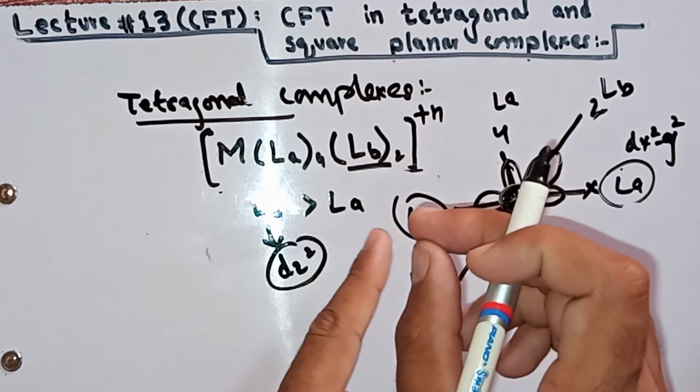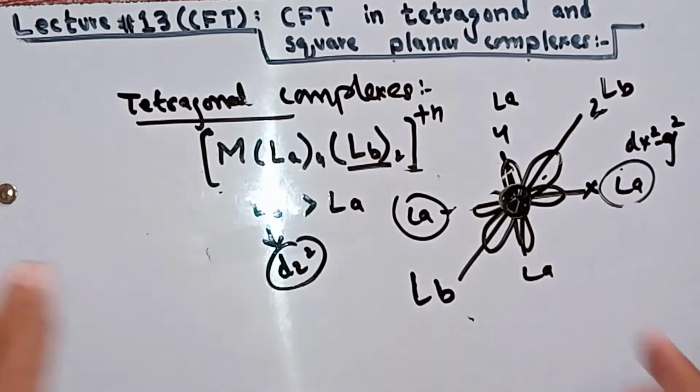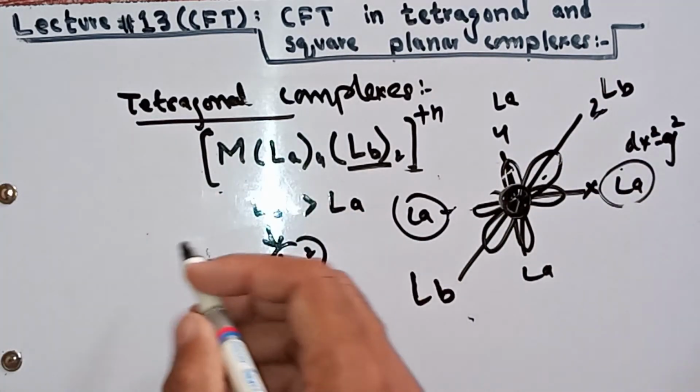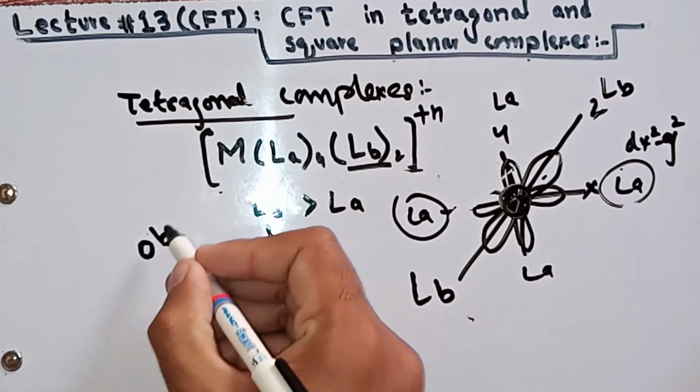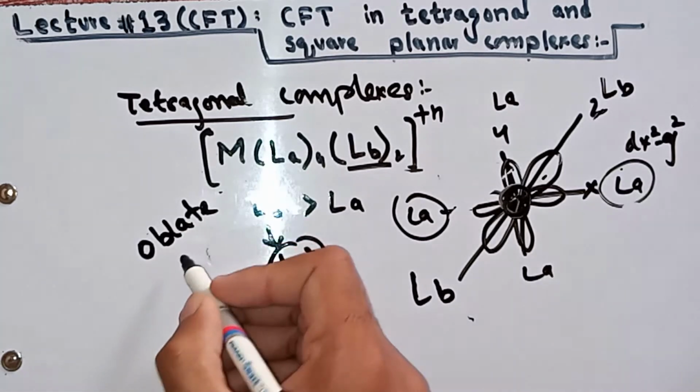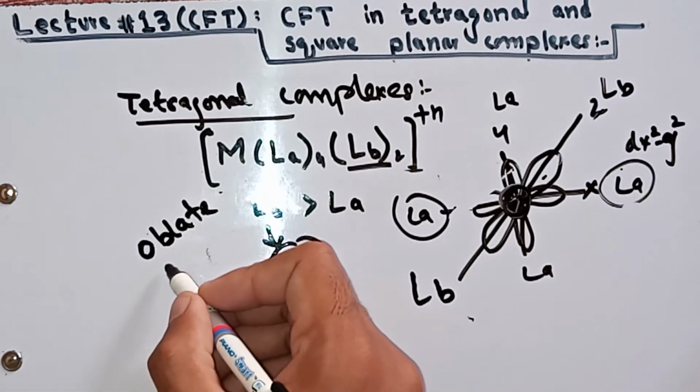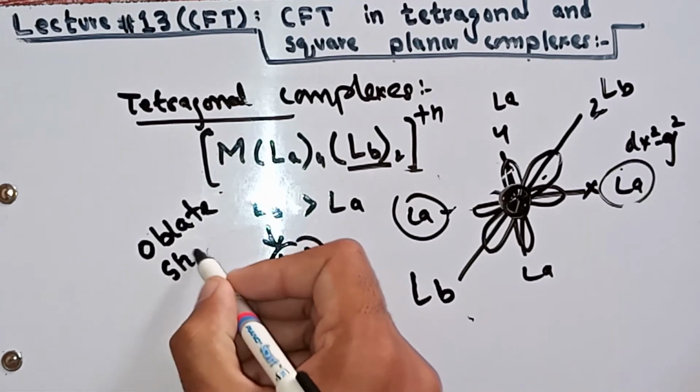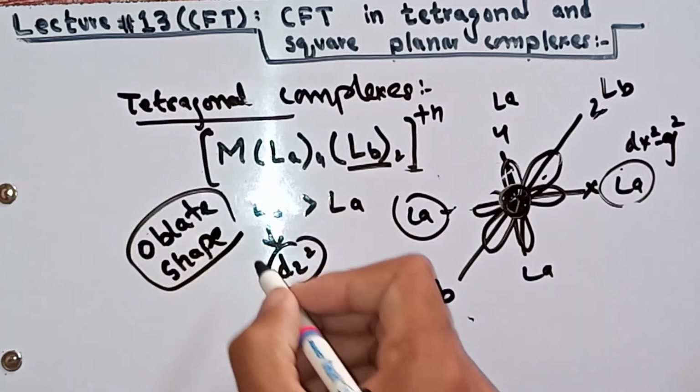If axial bonds are shorter while equatorial bonds are longer, which geometry will be formed? This geometry is called oblate geometry.